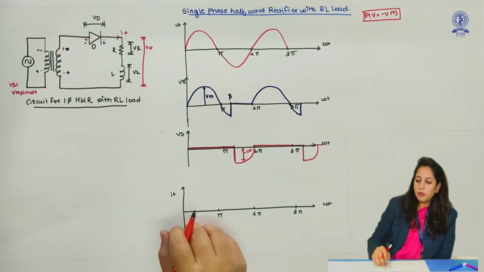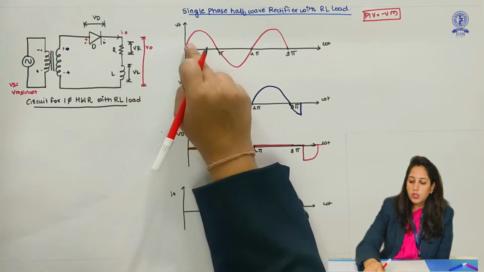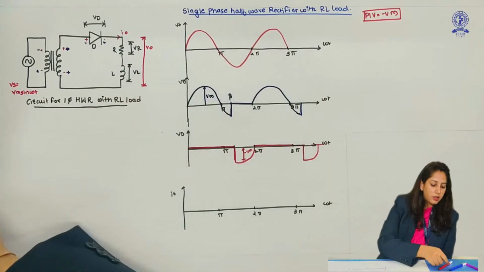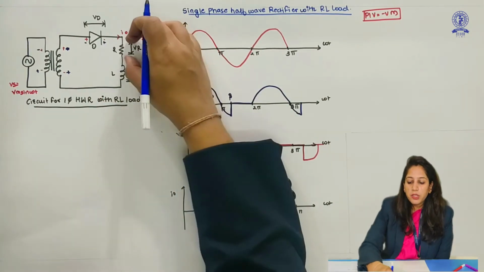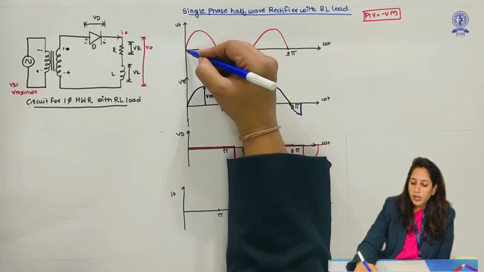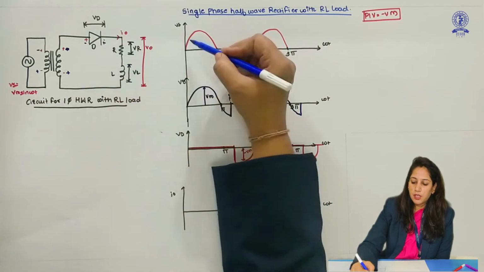Now we will see the current. Before seeing current, we will first see the voltage across this R and L. This is a sine wave which I have drawn. Then what will be the voltage across this R? For time period 0 to pi, my input cycle is the positive half cycle.